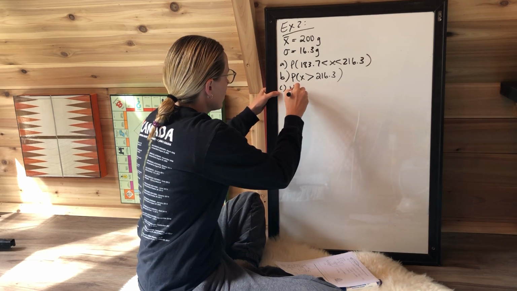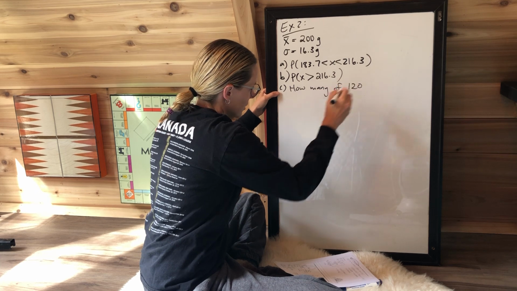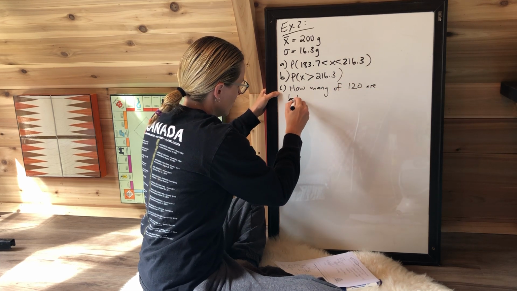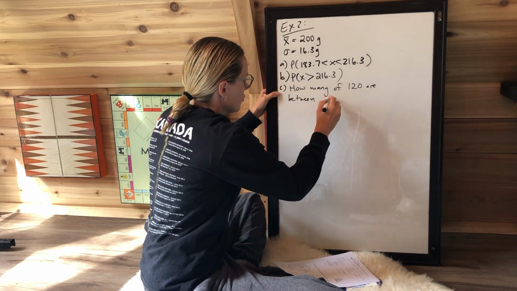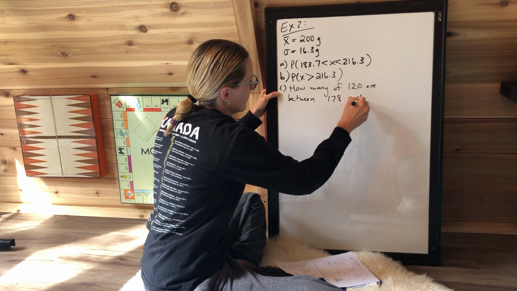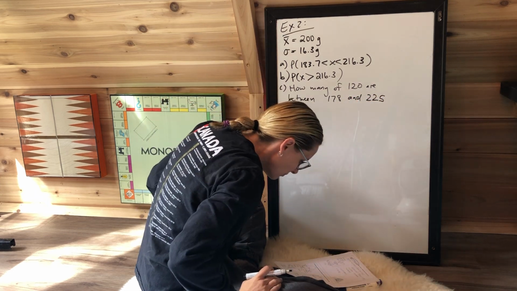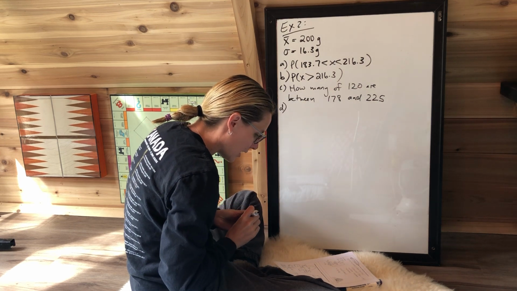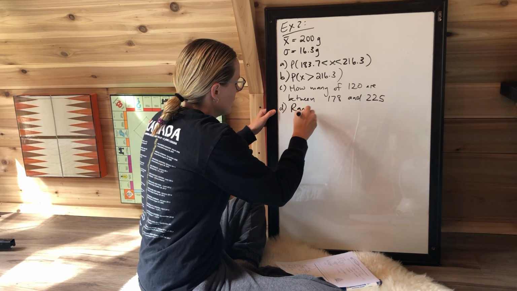So this is important that you read that part. How many of 120 are between 178 and 225? Okay, and then D says, determine the range of masses that you would expect 90% of the boxes to be in.